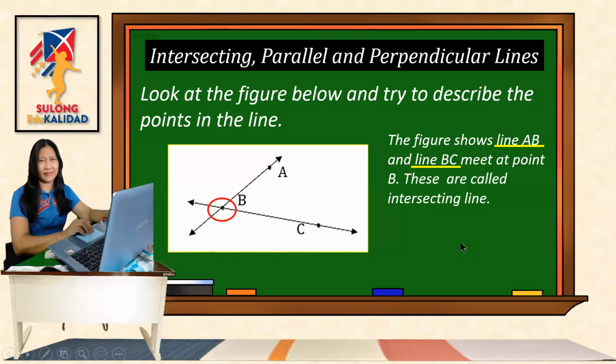B po, Ma'am. They are called intersecting lines. So, ang dalawang line daw na nagtagpo sa iisang point, anong tawag sa kanila?